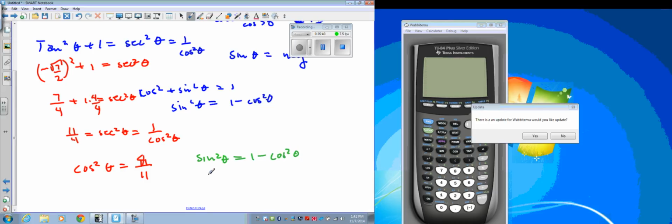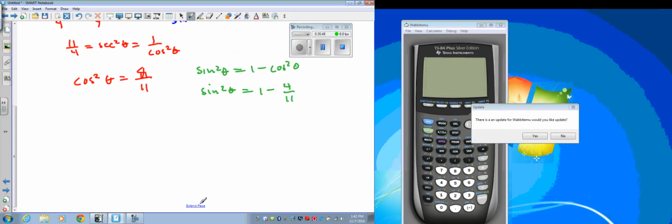Cosine squared is 4 over 11. Common denominator, this would be 11 over 11. 11 minus 4 is 7, so then I get sine squared equals 7 over 11. Then I take the square root of both sides.